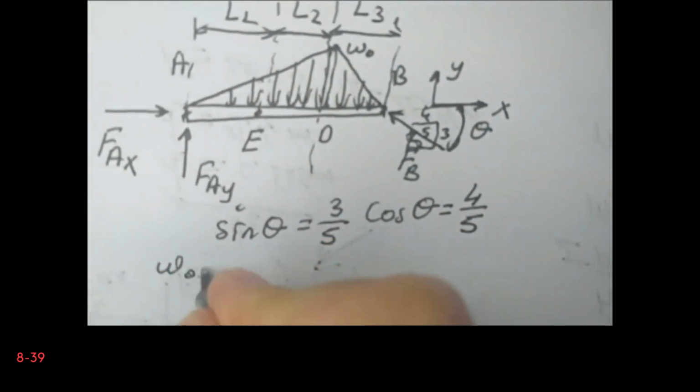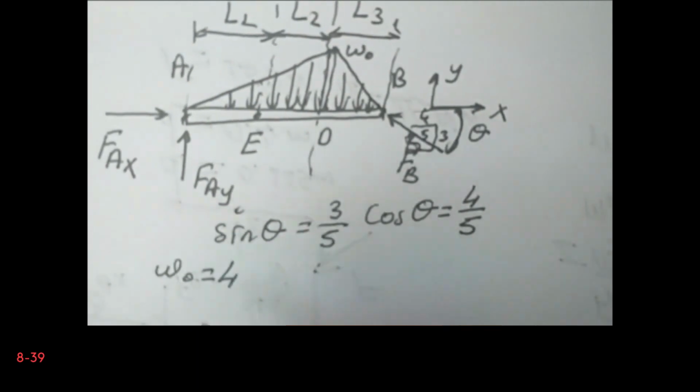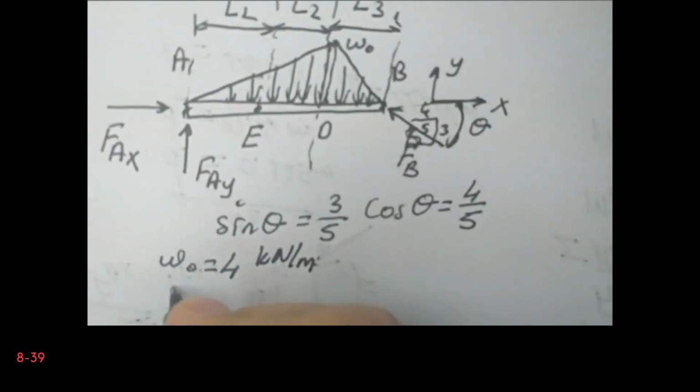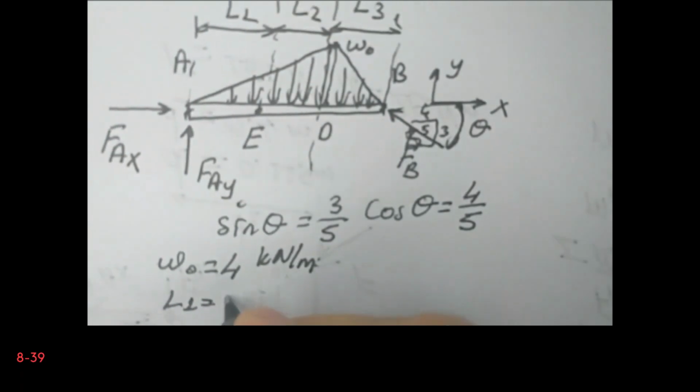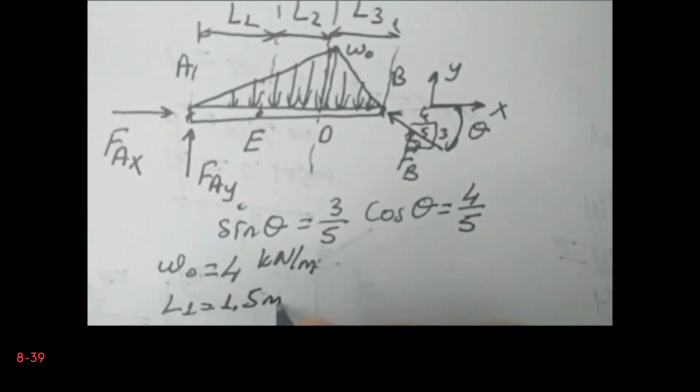And we have the magnitude W0. So W0 is 4 kilonewtons per meter. L1 is 1.5 meters, L2 is 1.5 meters, and L3 is equal to 3 meters.